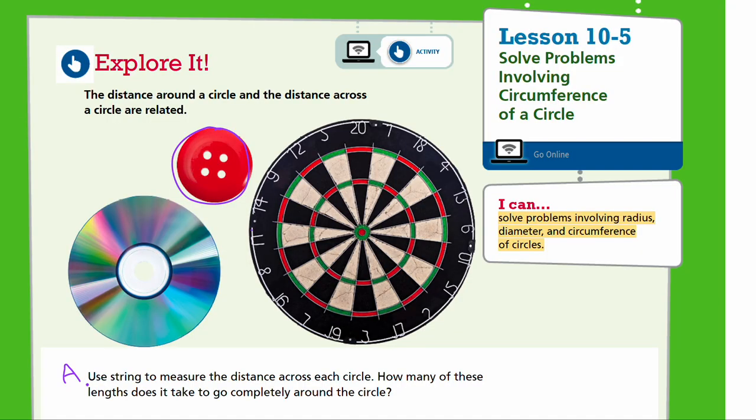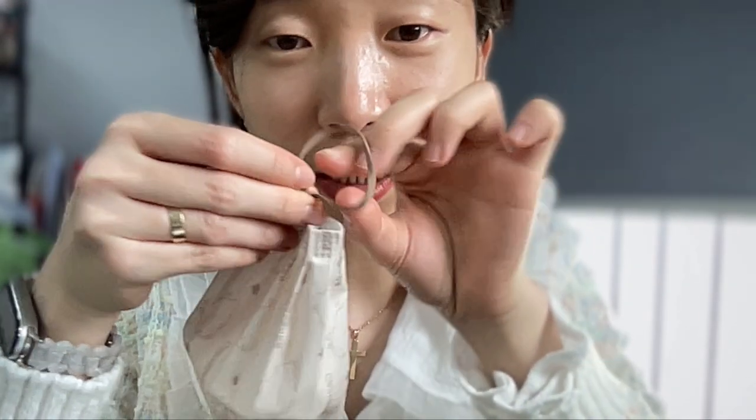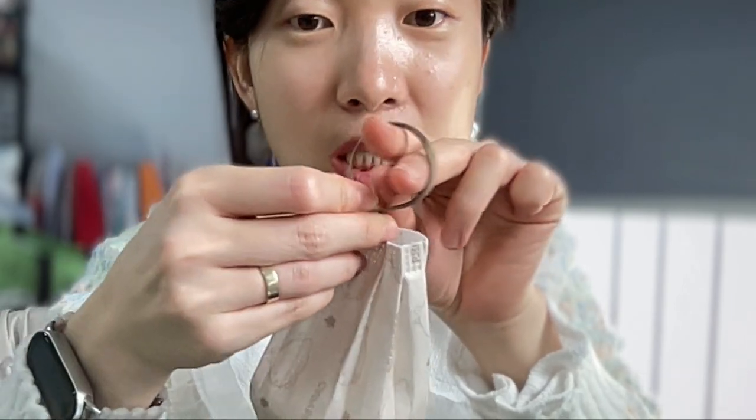And then the CD, ooh, the CD is already as big as the string I have. It could maybe stretch a little bit.